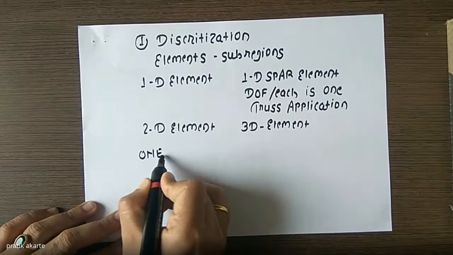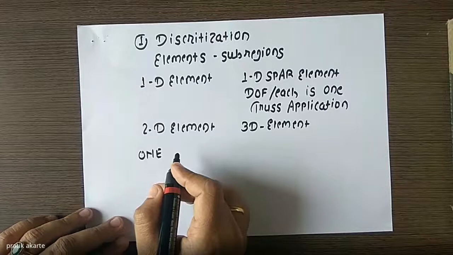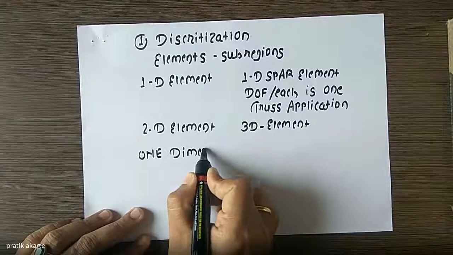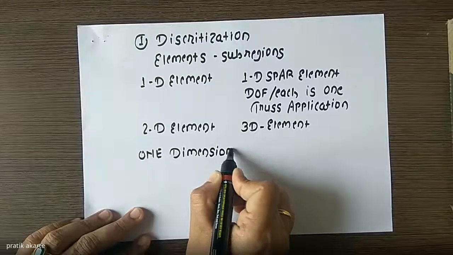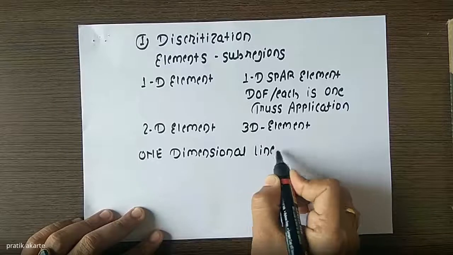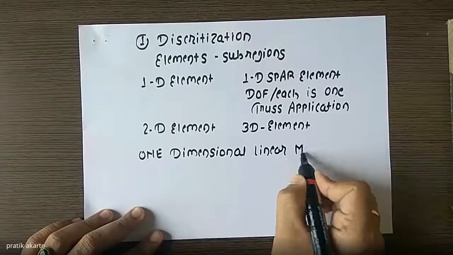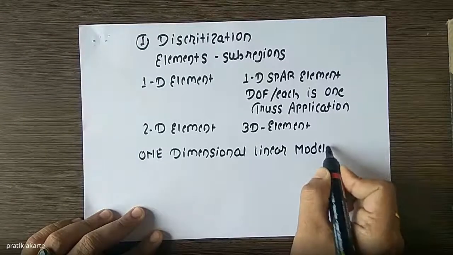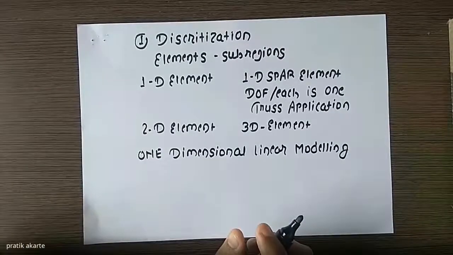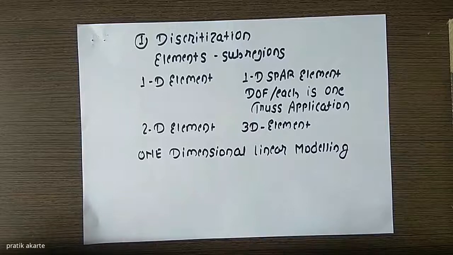We are limiting ourselves, to start with, to one-dimensional linear modeling. This concept helps us in establishing the element connectivity. As we know, the simplest form of analysis in finite element analysis is the one-dimensional spar element.